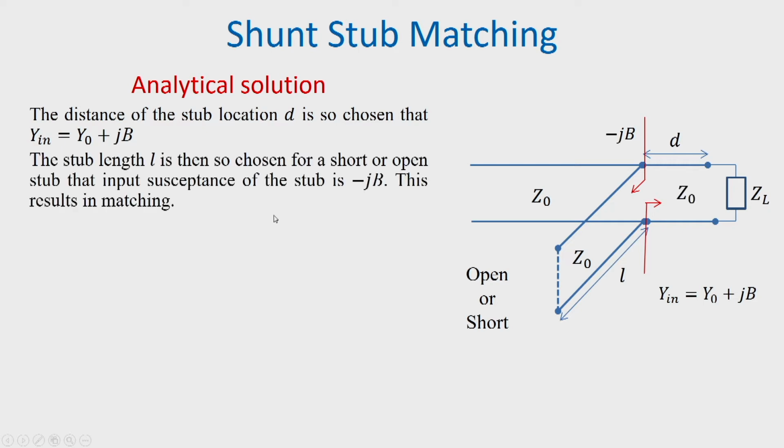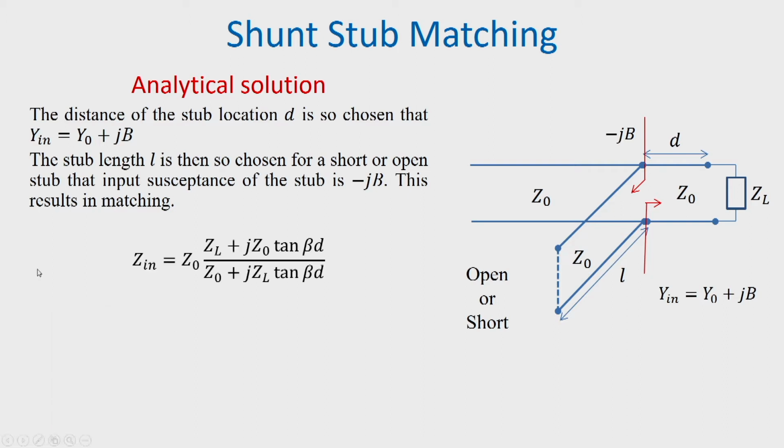So, the stub length L is chosen for a short or open stub so that the input susceptance of the stub is minus jB, and this plus jB and minus jB will get cancelled, and that will result in matching.